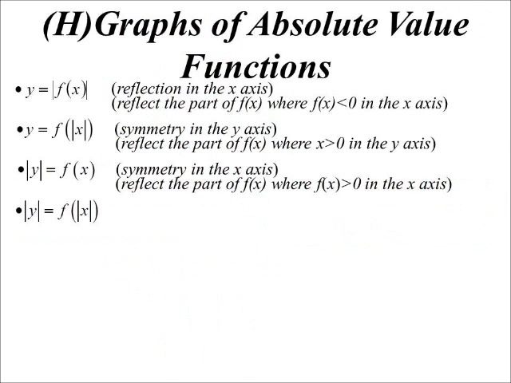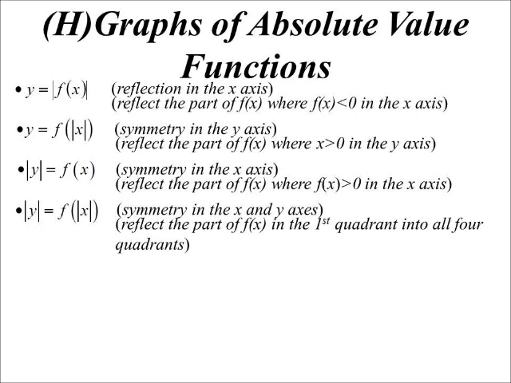Okay, what about absolute value of y is equal to the function of absolute value of x? This one has symmetry in both the x and the y axes. Because now I'm never substituting a negative number into the function, but now my answer is also absolute value. So we're going to just reflect the first quadrant.